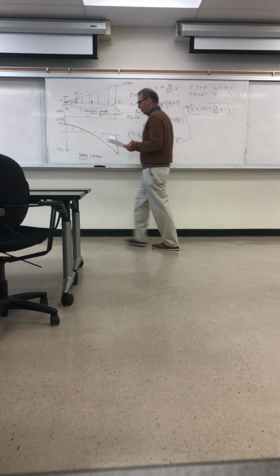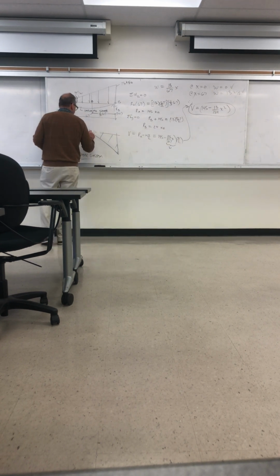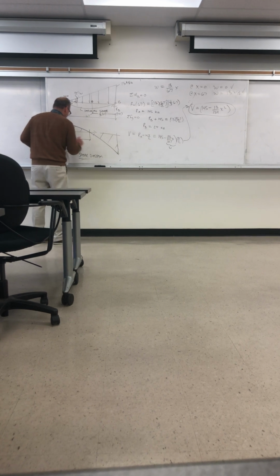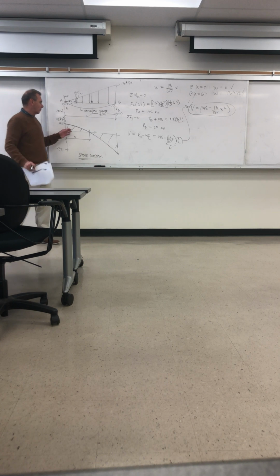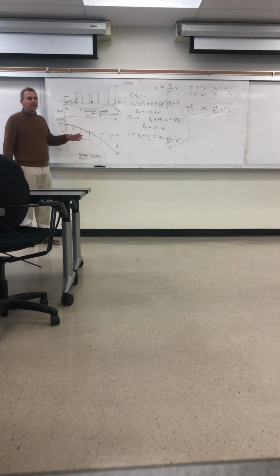Let's find this location. We'll call this A. On the shear diagram, that's going to be important because the slope of the moment diagram is equal to the shear force. And so where the shear is 0, that will be where the moment diagram has a 0 slope. So it will be the maximum.